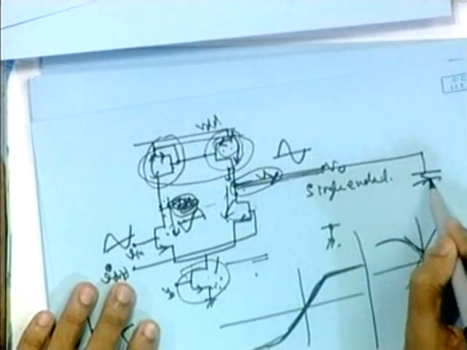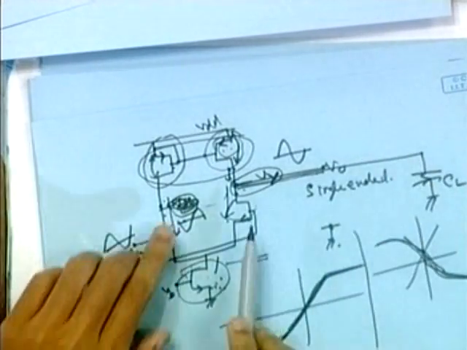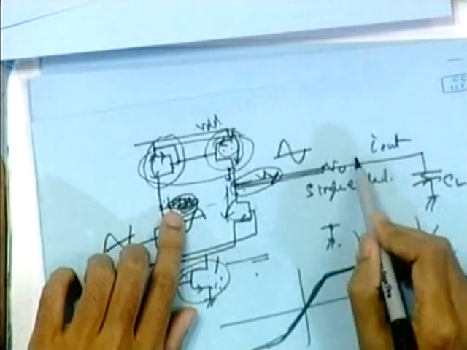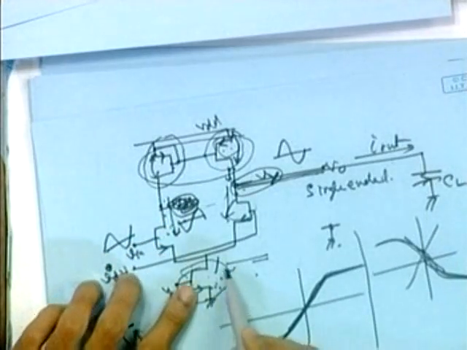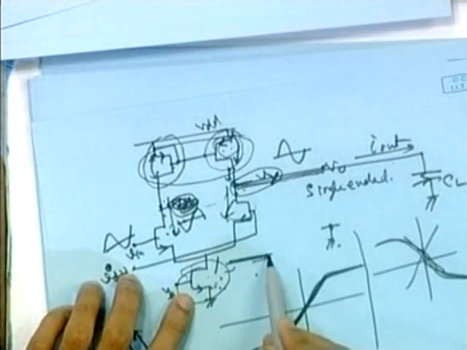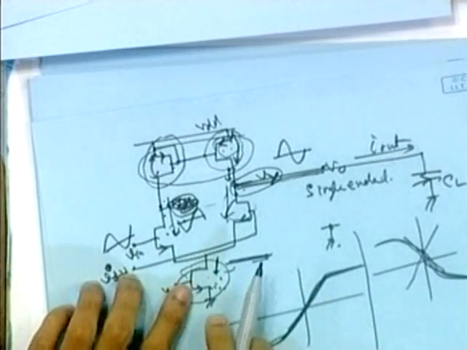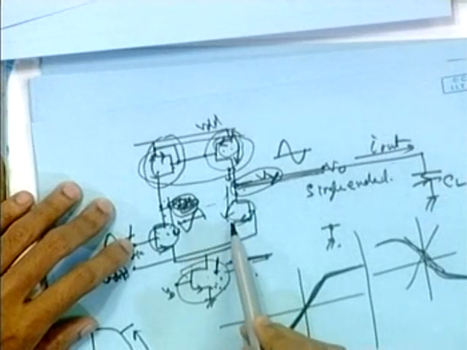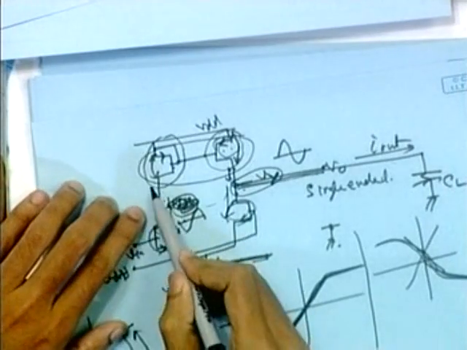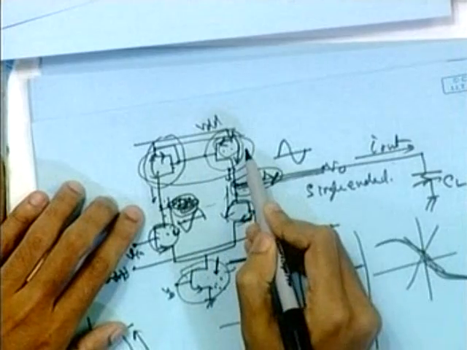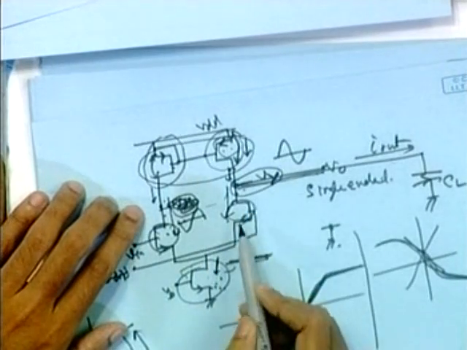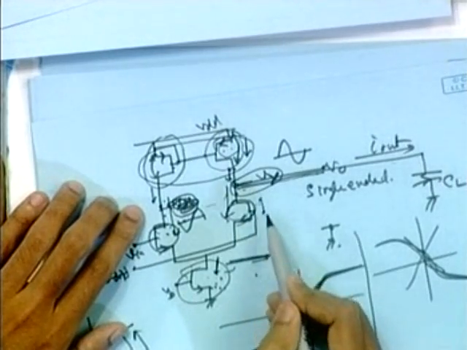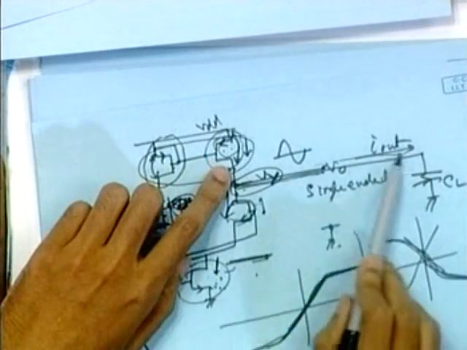If you connect, say, a load cap here, then the unbalanced current will flow. Suppose I out is flowing in this direction, and this transistor is operating in saturation, so the current through it is fixed, and you are making this one more conducting and this one less conducting. So the current through it will increase, it will try to copy the current, so the current through this device will increase, but as this becomes less and less conducting, the current through this device decreases, so the extra current will flow through this load.